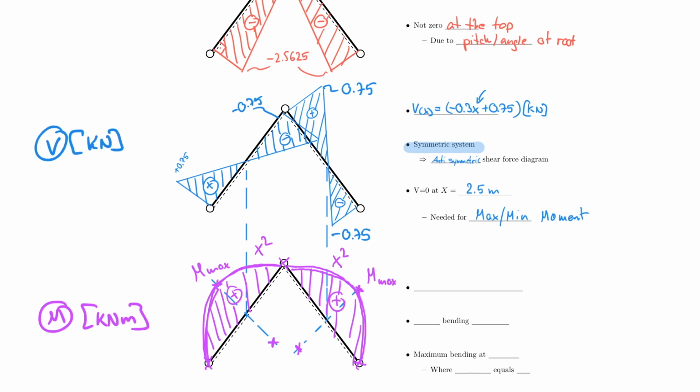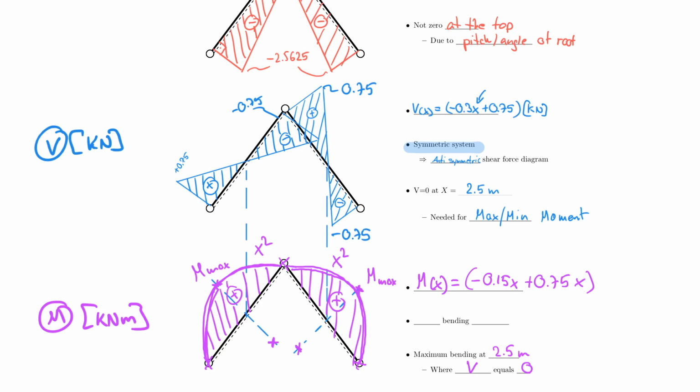And we just have to decide how we calculate that, but it's actually very easy in this case because we already calculated M of x, and M of x was equal to negative 0.15x² plus 0.75x, and all I have to do now to calculate my maximum is include the fact that my shear force passes through 0 at 2.5 meters, so where V equals 0.